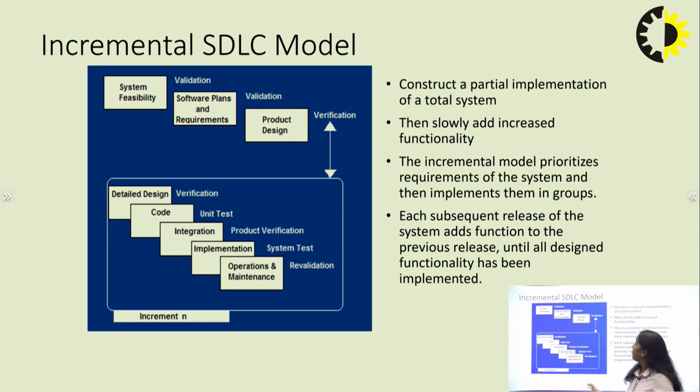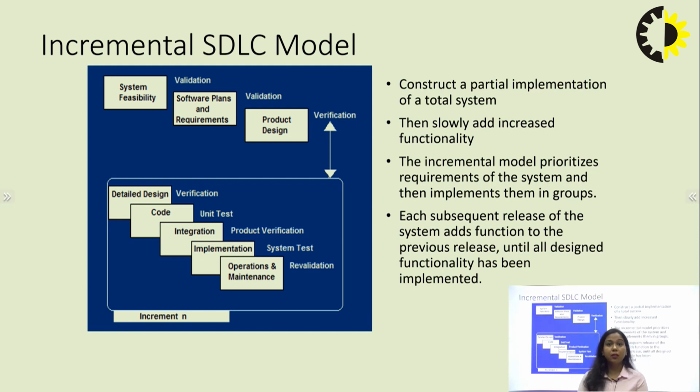So construct a partial implementation of the total system, then slowly add functionality. The incremental model prioritizes the requirements of the system, and then we have the complete implementation of that group. Each subsequent release of the system adds functionality until the complete design is developed. So incremental is just like the versions we face in day-to-day life.